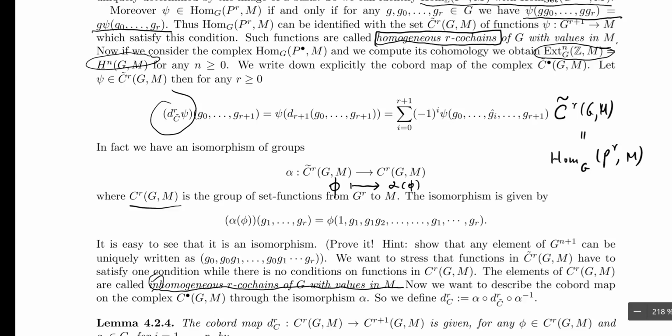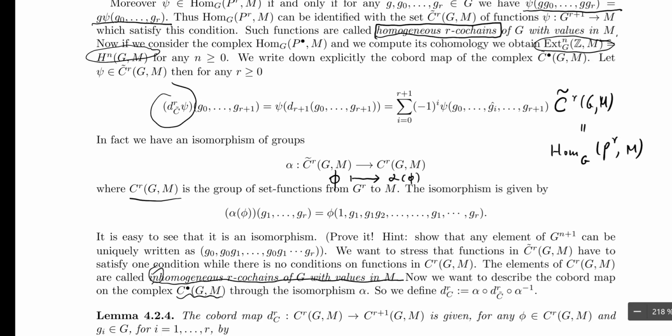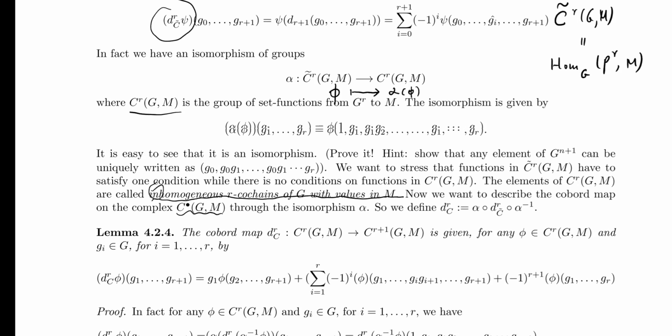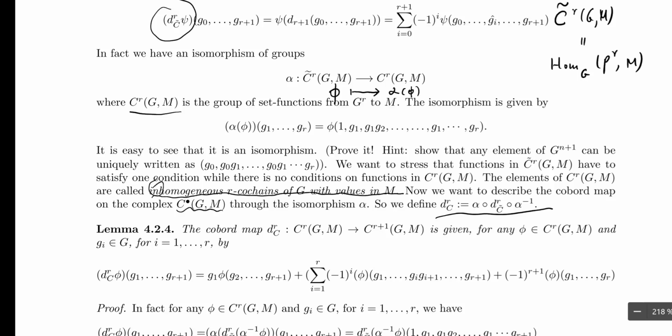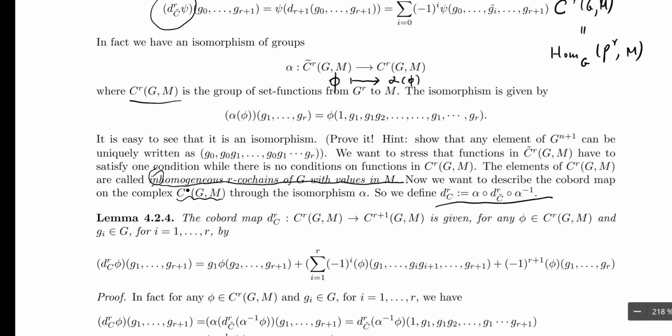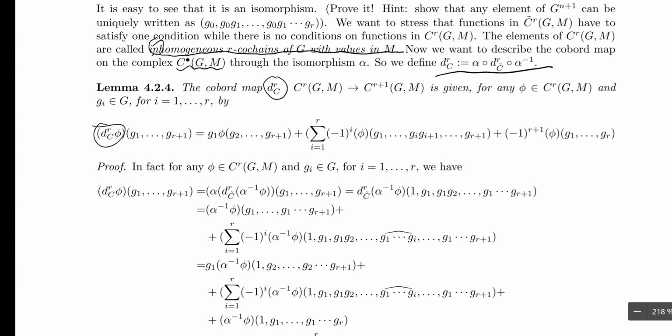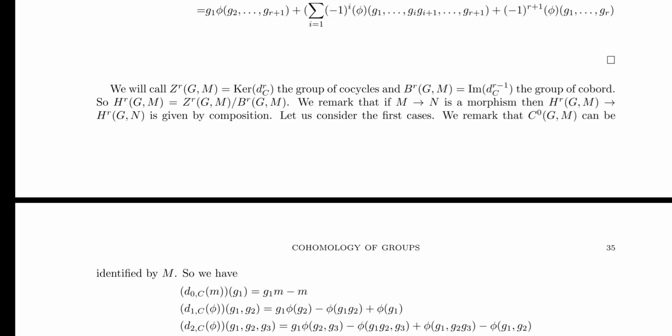We want to describe the coboundary map using these inhomogeneous R-cochains through the isomorphism R. So we define it this way, and by doing so we get a new complex actually, with a new differential.